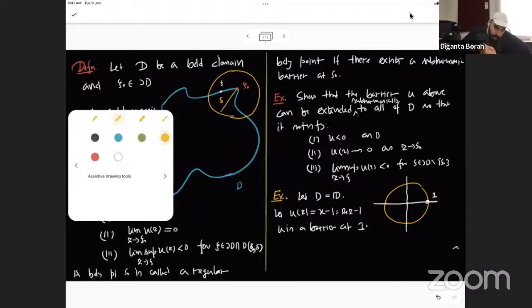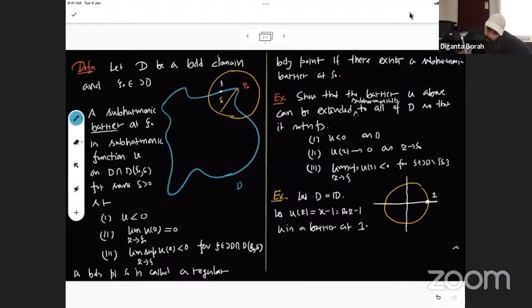Given any other point, you can write down a barrier. There are two ways. One way is to simply make a rotation so that it comes to 1, and then you compose with this barrier. That will give you a barrier.